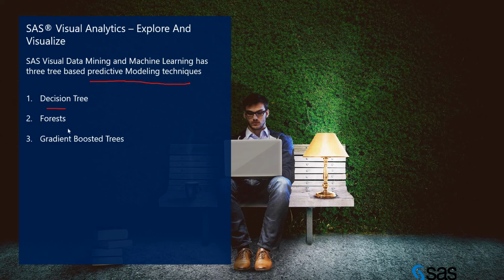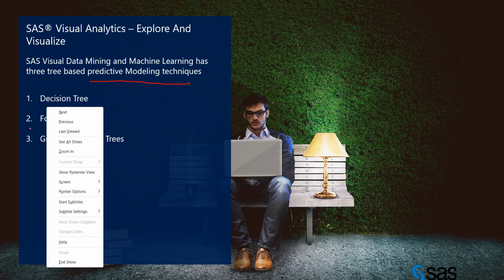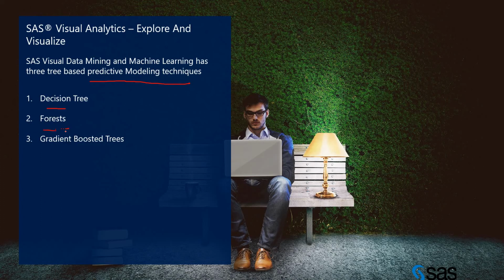First is the decision tree, then forests, and the gradient boosted trees. So these are the three types of trees we have, and we are using these predictive modeling techniques in these visualizations.